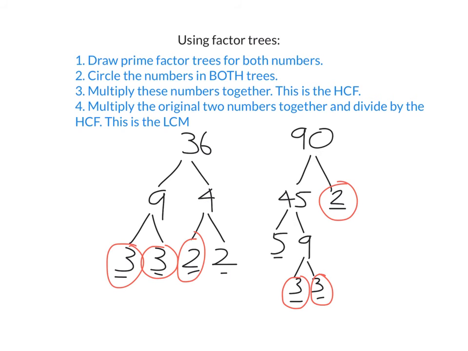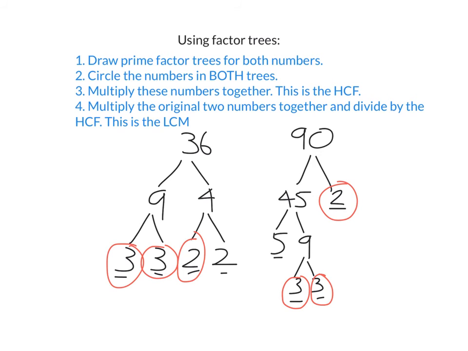They both have 1 2, but they don't both have 2 2s. So hopefully that didn't confuse you too much. I'm only circling 1 2. I'm not circling this second one because there wasn't a second 2 over here. So this 2 is by itself, this 5 is by itself because there was no 5 in the tree here. That's why I didn't circle it. Now I've circled what is common to both trees.